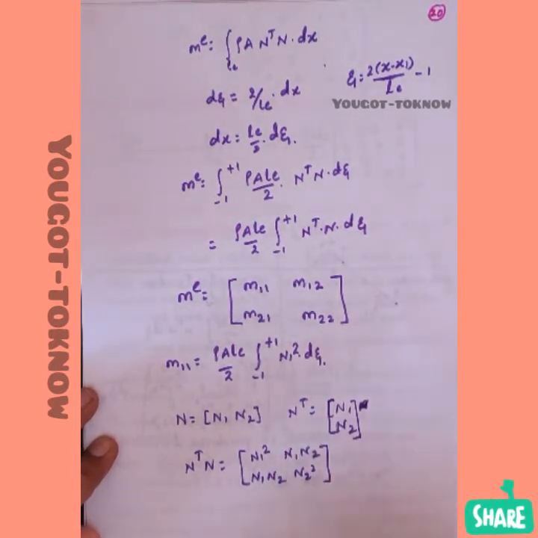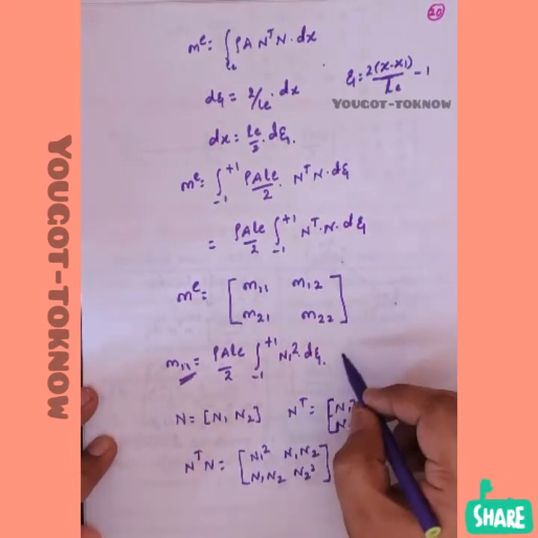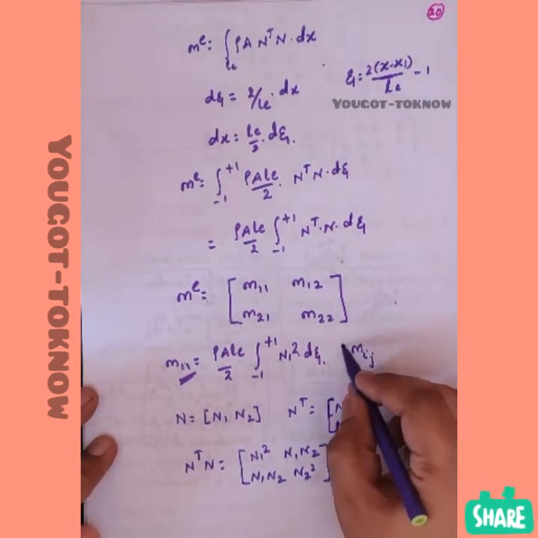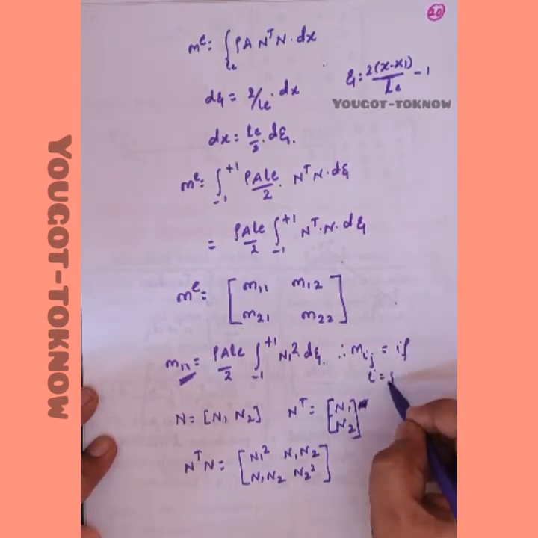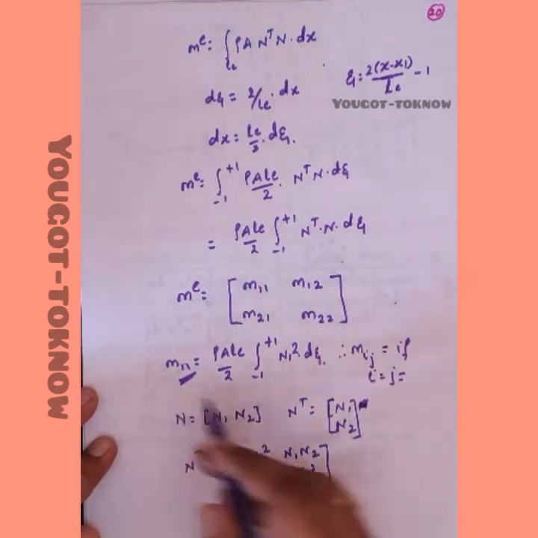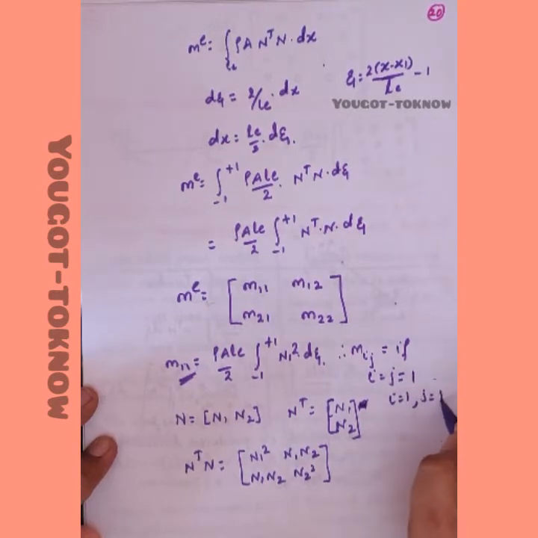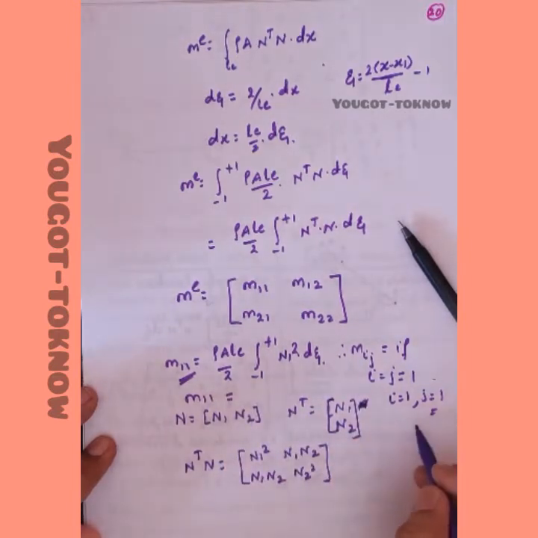What does the lumped mass matrix say? Observe this: if m11, I will write as mij. The concept of your lumped mass matrix says that if i equals j, here i is 1 and j equals 1, then the value of this term will be equal to 1.